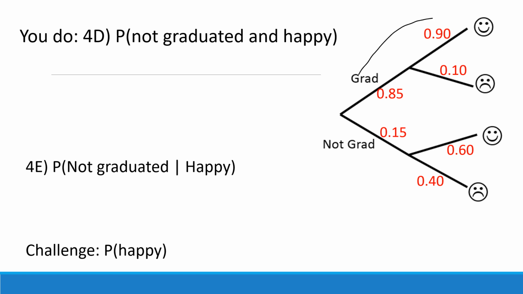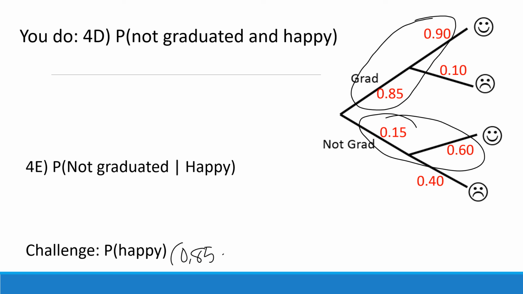So we are going to take, okay, they graduated and they are happy, or they didn't graduate and they are happy. So this is kind of a multiple event situation, so they can do one of the two. They can graduate and be happy, or they cannot graduate and still be happy. So 0.85 times 0.9 is 0.765.